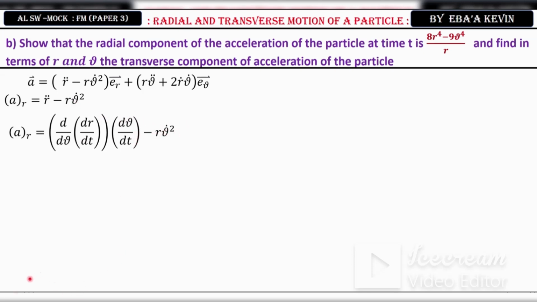We can further write r double dot as d of dr/dt, then d theta, times d theta/dt, then minus r theta dot squared. If we look more closely, the d theta terms cancel, and we are left with d of dr/dt divided by dt, and this expression corresponds to r dot.